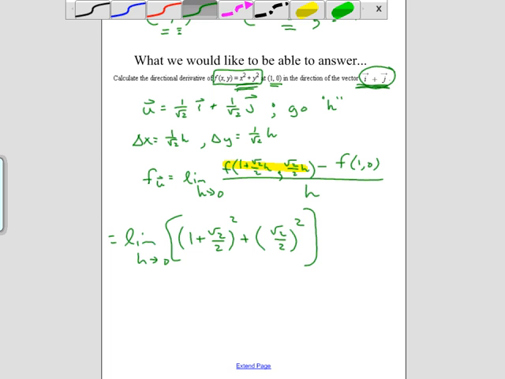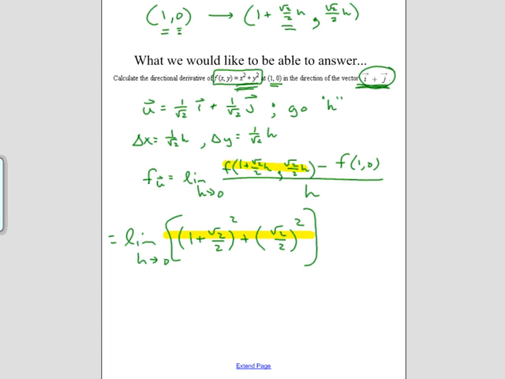So that's the point evaluated, minus now the point at 1 comma 0. So that's just minus 1 squared, all over h.